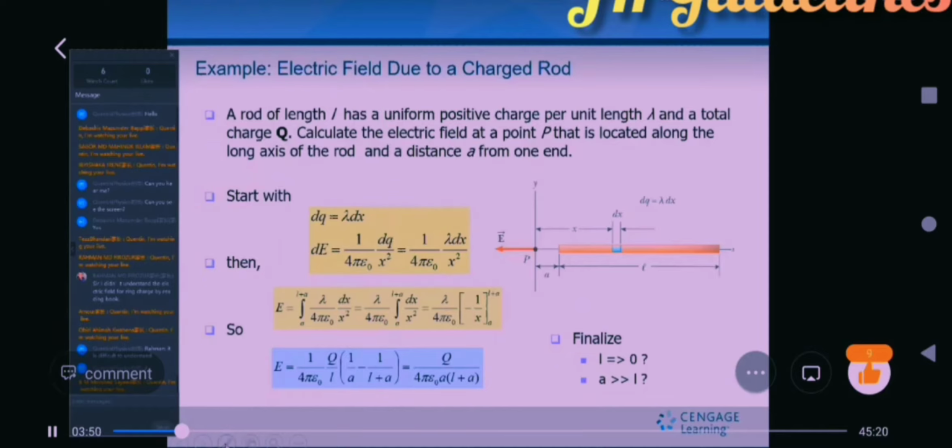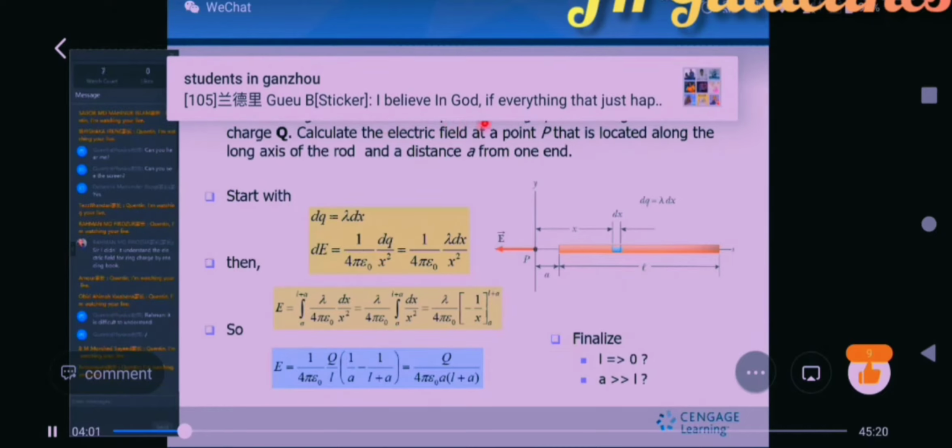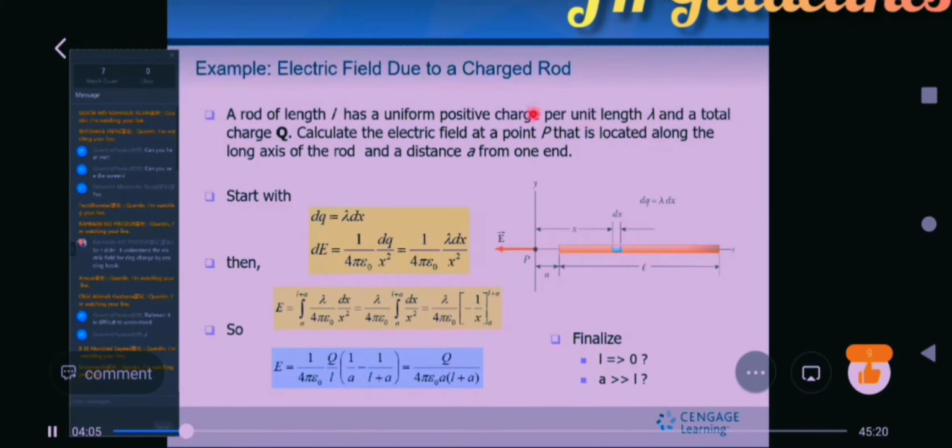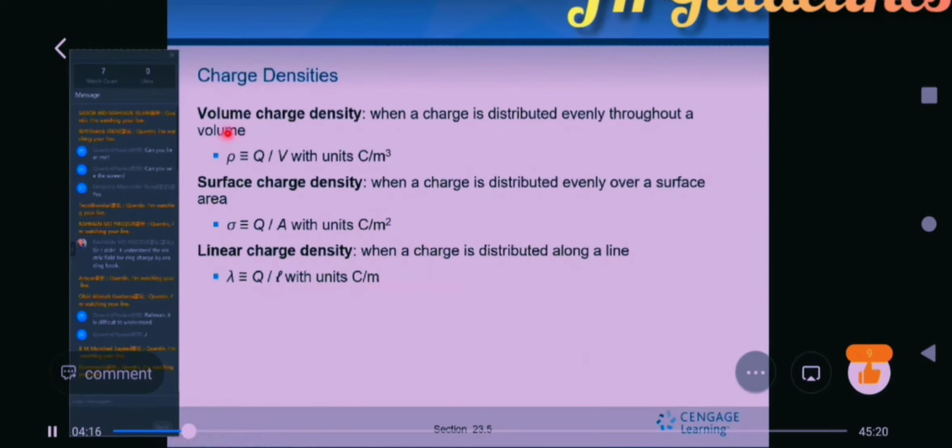Now, let me repeat the question. A rod of length L has a uniform positive charge per unit length, lambda. So this lambda is, like I said yesterday, we have a volume charge density, we have a surface charge density, we have a linear charge density.